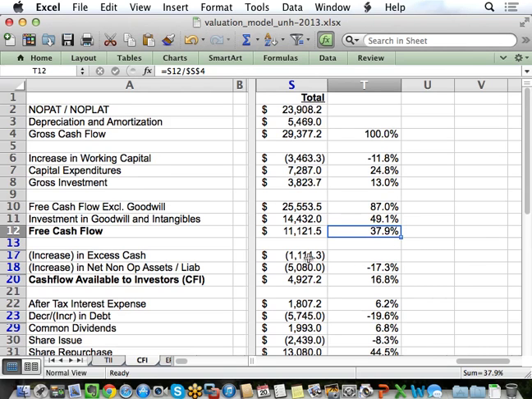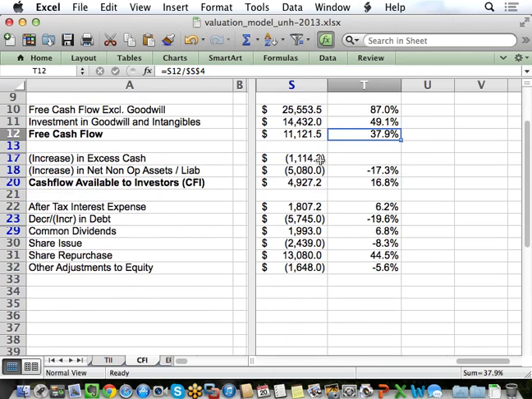Now, non-operating cash flows. What does this tell you about their excess cash? What did they do with their excess cash over the last 5 years? Went up or down? Up by $1 billion. They took $1 billion and they put it into savings. They then spent $5 billion on non-operating investments. Those are basically the equity investments.